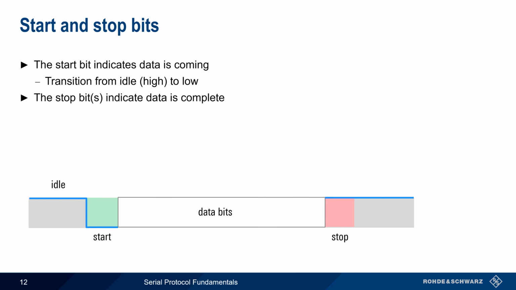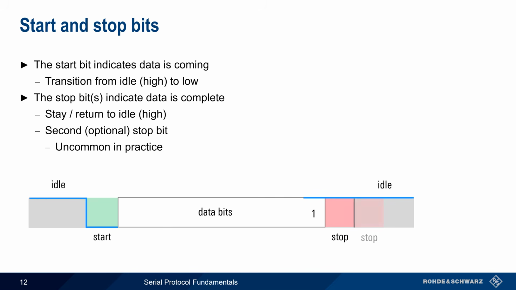Depending on the value of the final data bit, the stop bit is either a transition from low back to high, or idle state, or simply remaining at the high state for an additional bit time. A second optional stop bit can be configured, usually to give the receiver time to get ready for the next frame, but the use of a second stop bit is uncommon in practice.